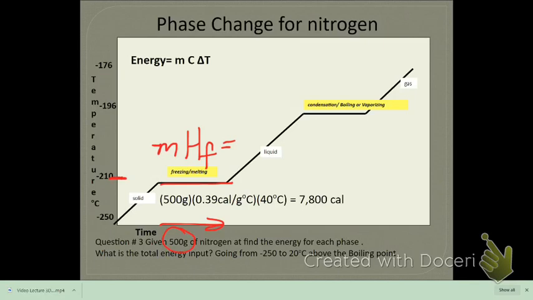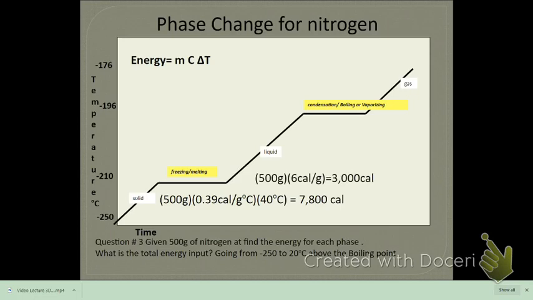So let's go ahead and plug that information in. So here we have my mass, and this is my heat of fusion for nitrogen. 500, clear your calculator, 500 times 6 should give you 3,000 calories.